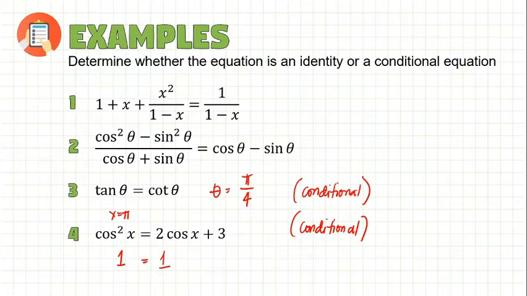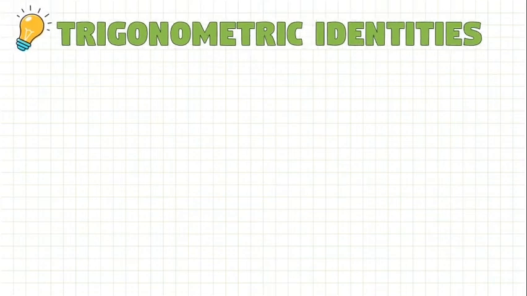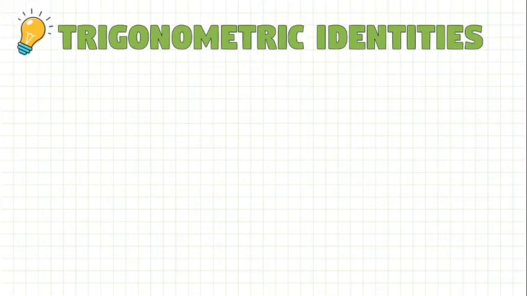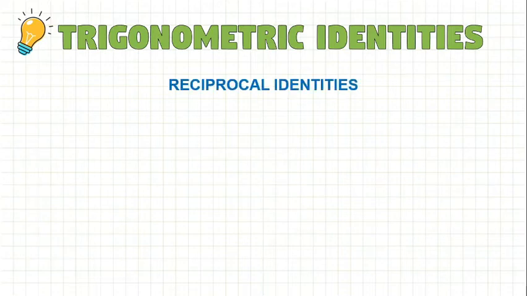And for our main topic for this lesson, we are going to discuss the fundamental trigonometric identities. So we will focus on the fundamental trigonometric identities. And the first one is the reciprocal identities. So what are the reciprocal identities?